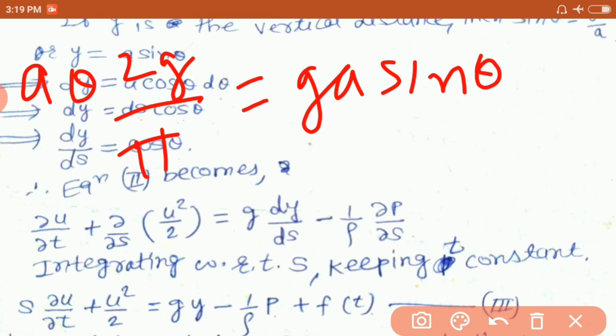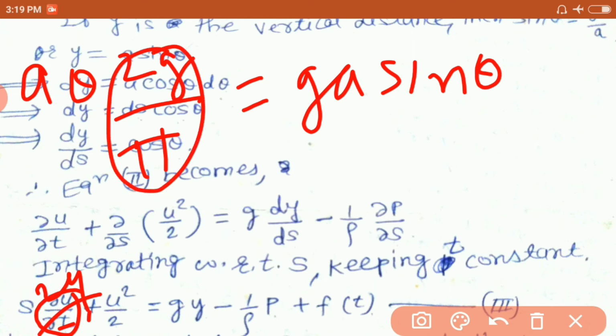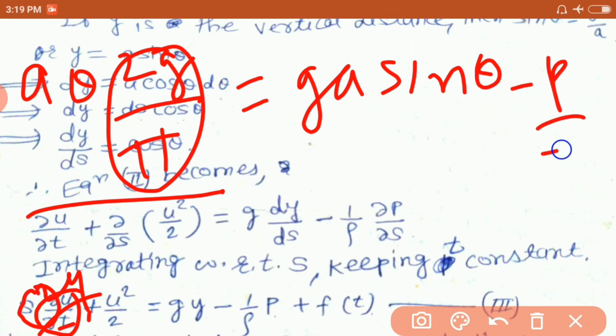Here ∂u/∂t is 2g by pi, okay, so we get here 2g by pi. And this s is a theta, s is a theta, so we get this, and this is equal to ga sin theta minus p by rho plus f of 0.